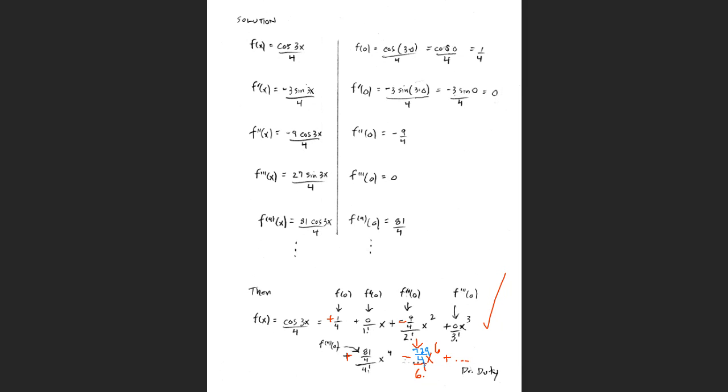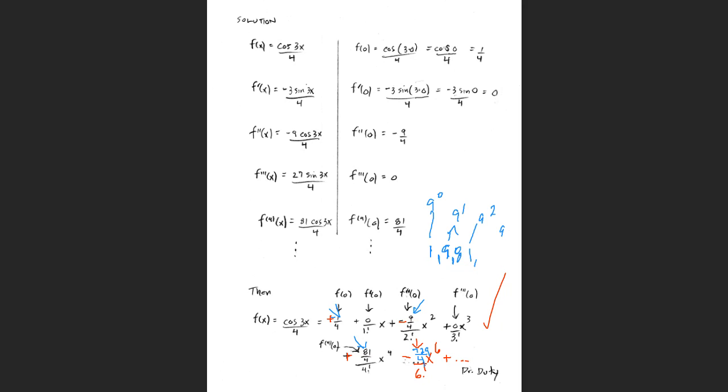Because if you look, like 1, 9, 81, 1, 9, 81, 1, 9, 81. You know, 9 is 9 to the first, 1 is 9 to the 0, 81 is 9 squared.